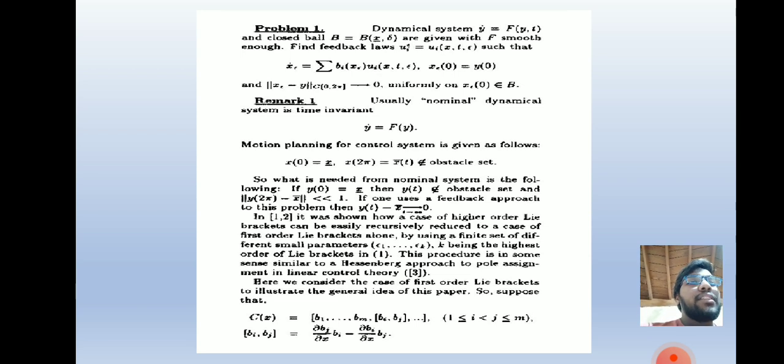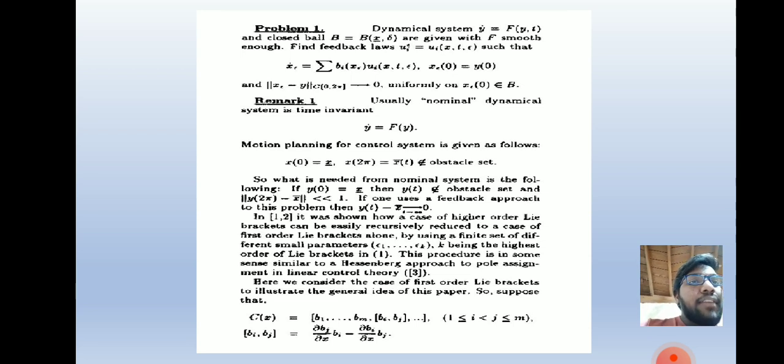Find feedback laws u_i equal to u_i of x, t such that x dot is equal to sigma b_i of x u_i, where x of 0 is equal to y of 0 and the norm of x minus y tends to 0 uniformly on x of 0 belonging to B. Here, remark 1: usually the nominal dynamical system is time invariant, y dot equal to f of y.